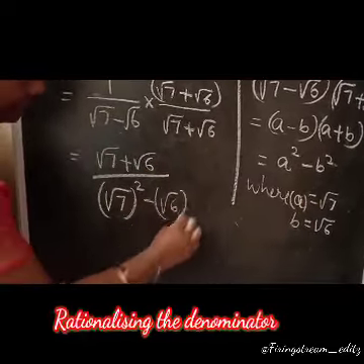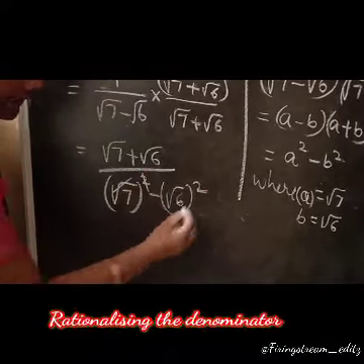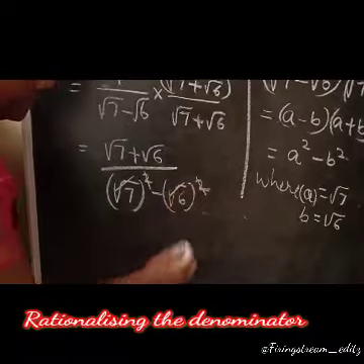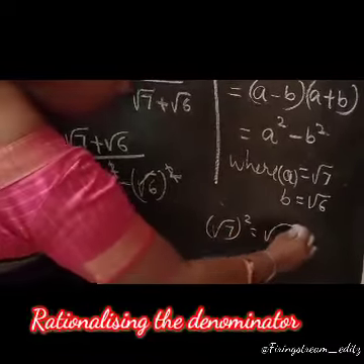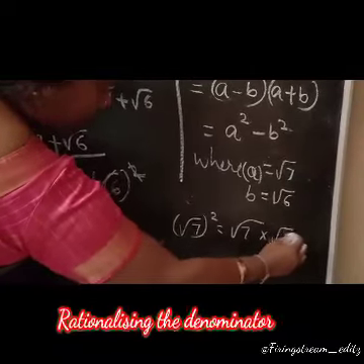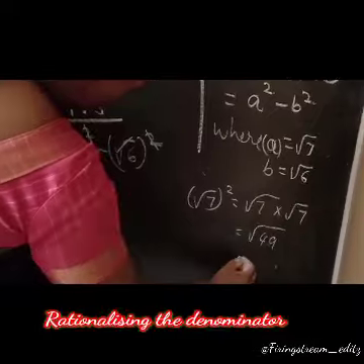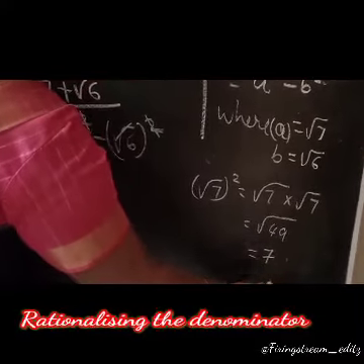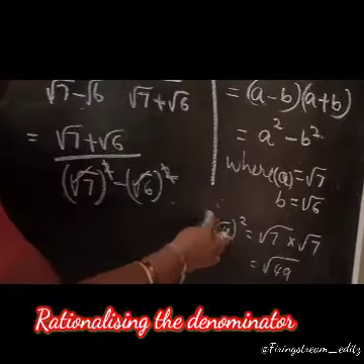whole square. So here the square root and square can cancel easily, because square root of 7 the whole square equals square root of 7 into square root of 7, equals square root of 49. Square root of 49, the value is 7. So this is the simple method I told: square and square root can be cancelled, an easy method.